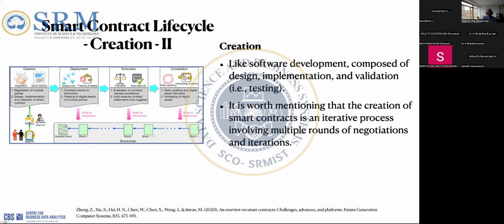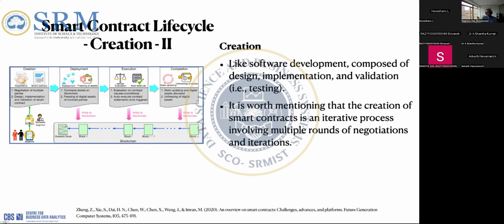And once the smart contract is developed, it needs to be validated. What does it mean? Somebody has to see the contract and compare it with the original legal contractual agreement, and see that the smart contract has implemented all the clauses from the contractual agreement.